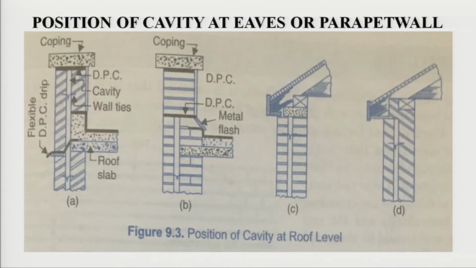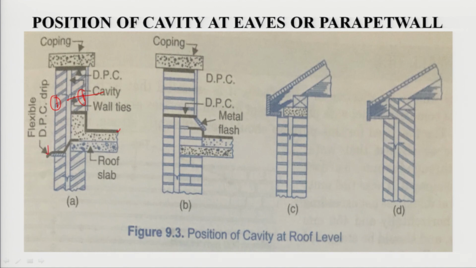Next is the position of the cavity at the eaves or the parapet wall. We can see here this is the coping of the parapet, and this is the DPC. These are the two walls of the cavity wall, and in between them there is a cavity. At this level also an impervious layer or DPC has been provided.